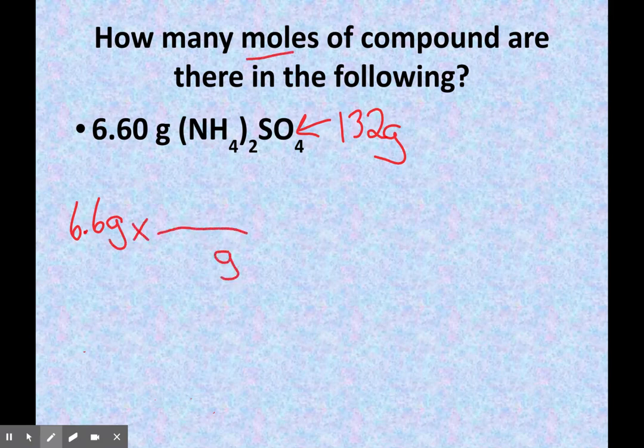So grams on bottom and moles on top. We know that the mass is 132, and that's equal to 1 mole. And then all we have to do is 6.6 divided by 132. And that's going to give us 0.05 moles for our answer.